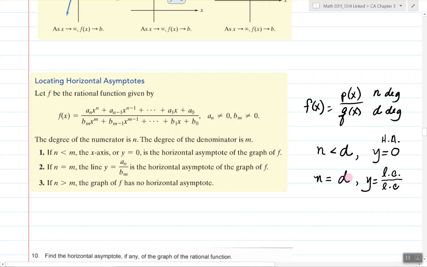But if the degrees on the top and the bottom are the same, take the leading coefficient over the leading coefficient. It still will be a constant. Finally, if the degree of the numerator is greater than the degree of the denominator, there is no horizontal asymptote. There may be something else, and we'll talk about that toward the end of the lesson.